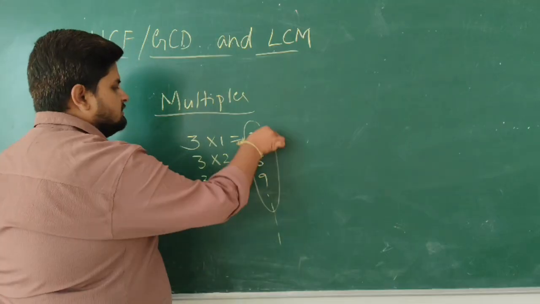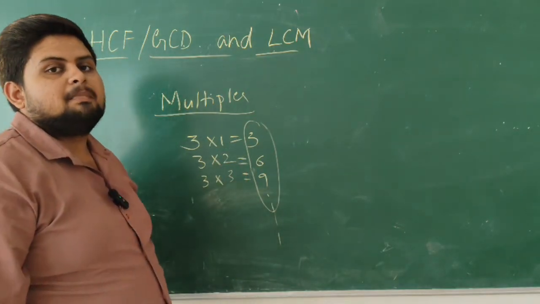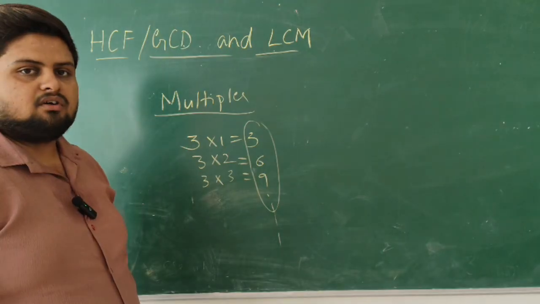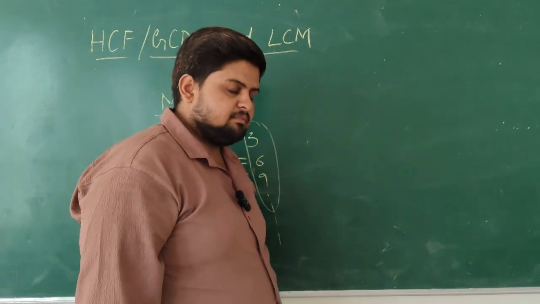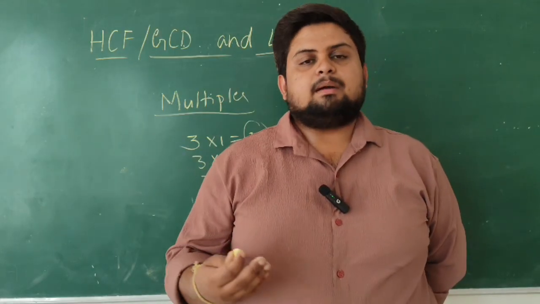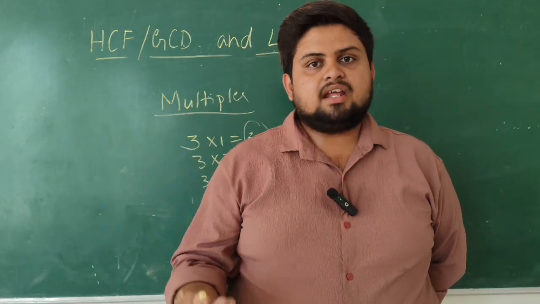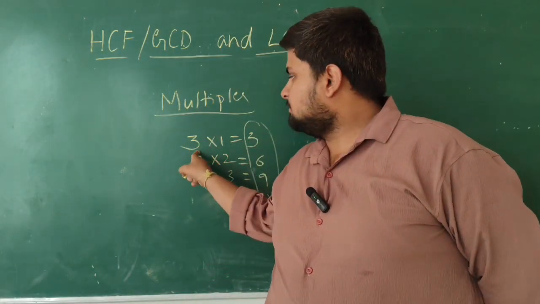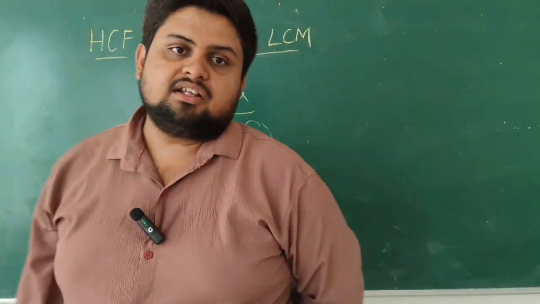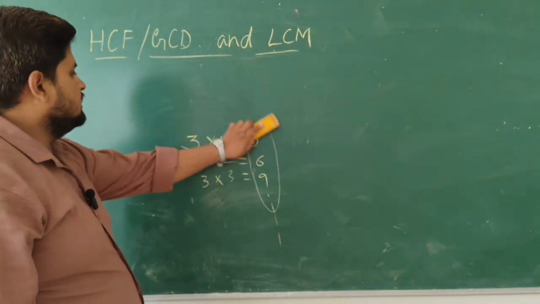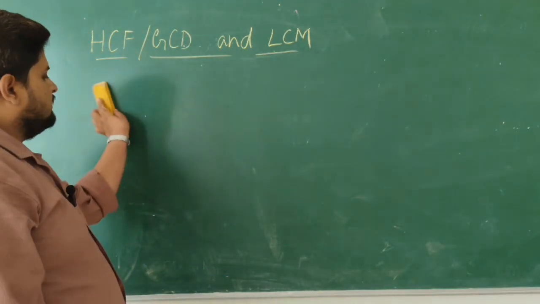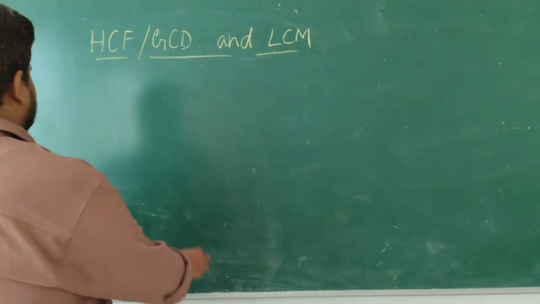All these numbers are called multiples of 3. So in simple terms, multiples are the numbers obtained by multiplying a given number by other numbers. Now let us learn about these multiples and factors when we are comparing two numbers.